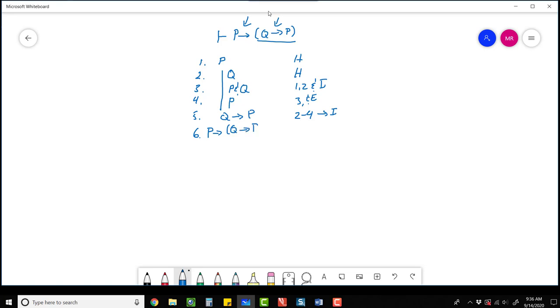right? Notice how it's working. Here it is, hypothesis P, the last thing we proved, if Q, then P. So if P, then if Q, then P, drop the line right there. And now we assert 1 through 5 conditional introduction.